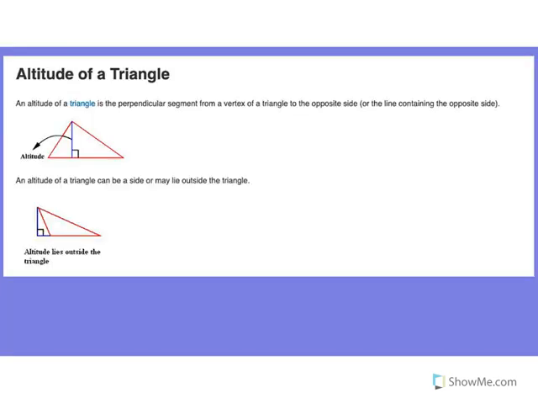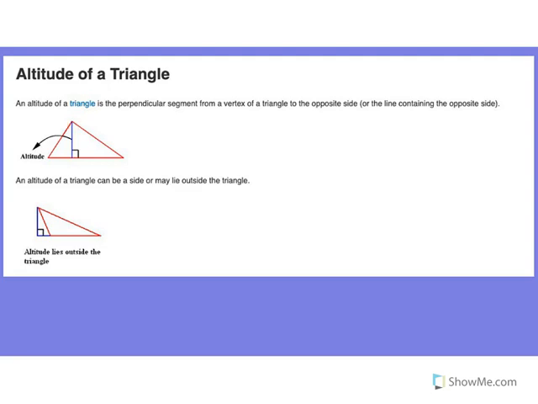So, altitude of a triangle is just a fancy name for the perpendicular segment that goes from the vertex perpendicularly to the other side, to the opposite side, okay? Remember, perpendicular gives us a right angle.